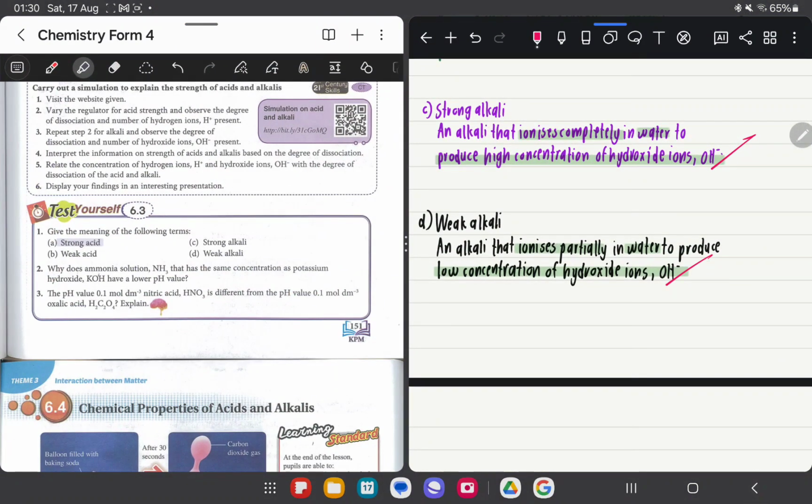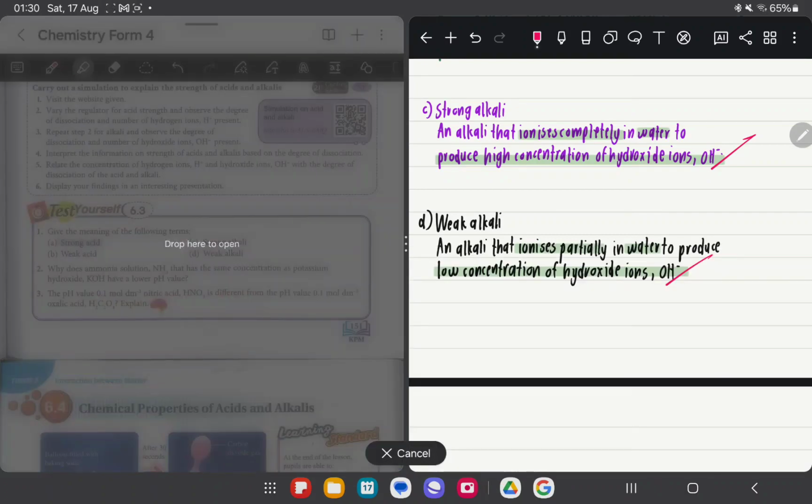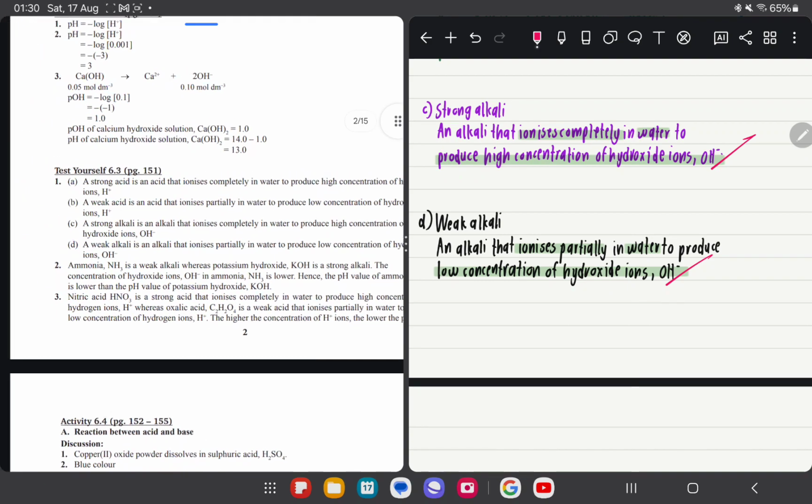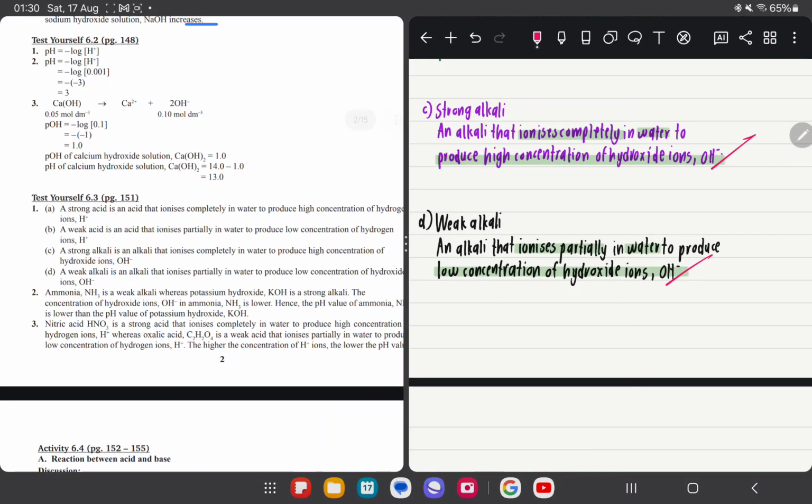Let's see the last one. Weak alkali: an alkali that ionizes partially in water to produce low concentration of hydroxide ions. Just the same, everything is the same. So you have to see the answer scheme and remember the points.